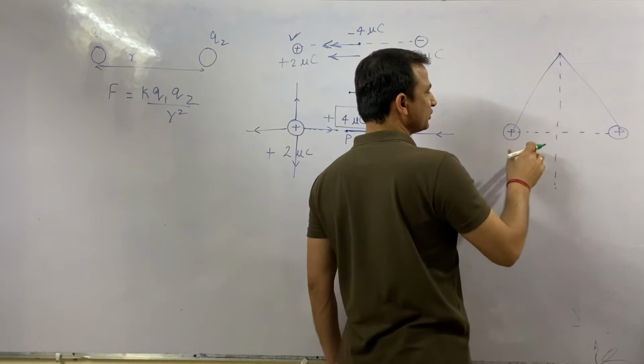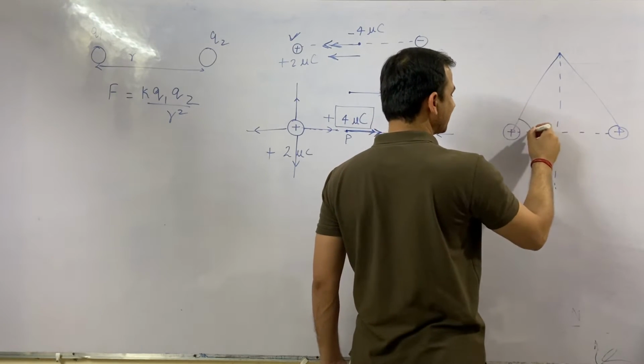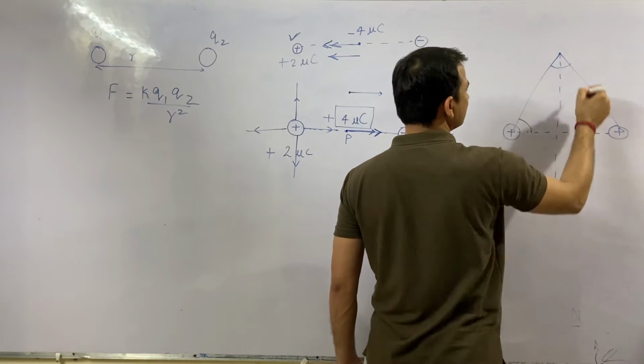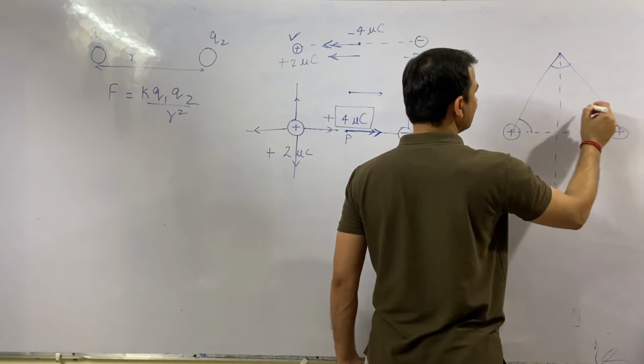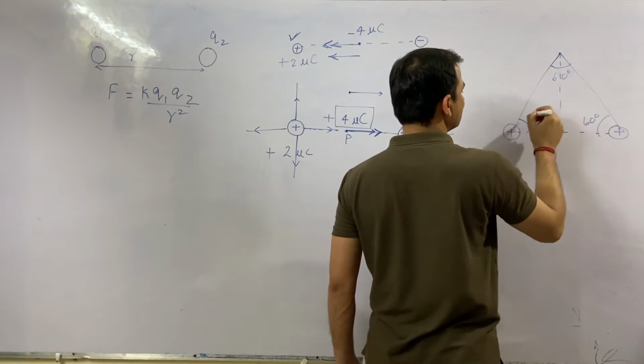And it's better if we assume, for simplicity, that this is an equilateral triangle, 60 degree, 60 degree, 60 degree.